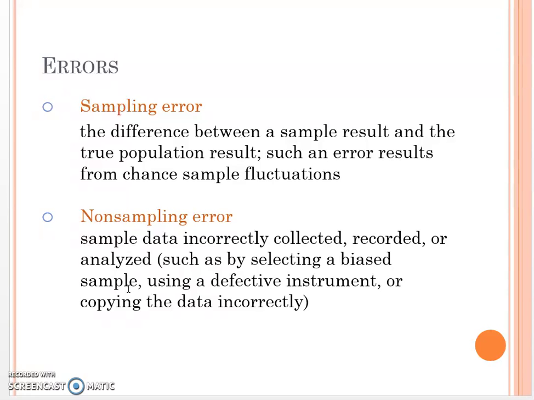Non-sampling error means basically the data is not correct. Sample data incorrectly collected, analyzed, used a wrong sample, a bad sample, used a wrong method. Those will all cause different kinds of errors.